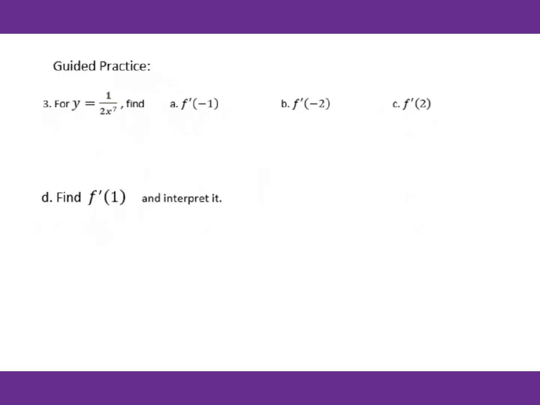For y equals 1 over 2x to the 7th power, find the derivative. y equals 1/2 x to the negative 7th power. 1/2 stays, negative 7 drops down, then you minus 1, that's x to the negative 8th power.